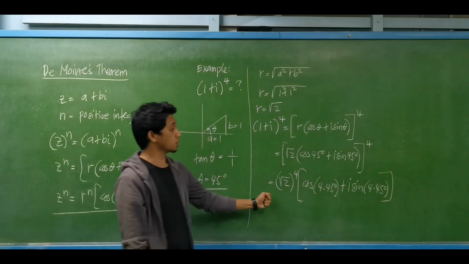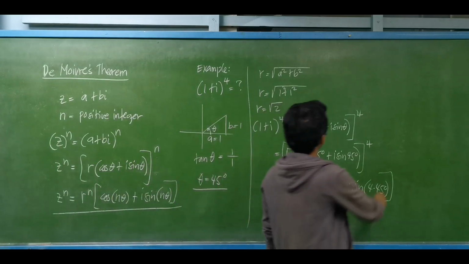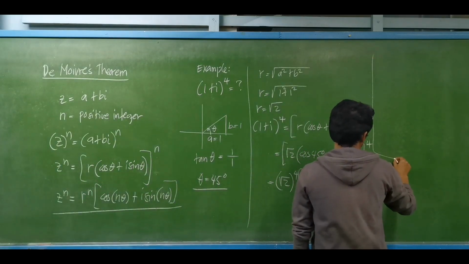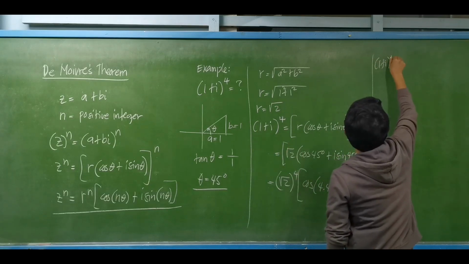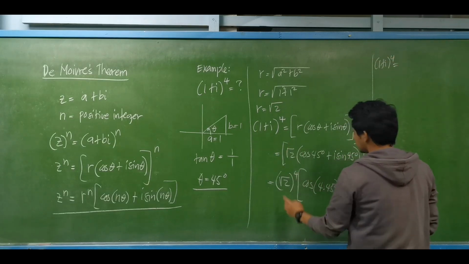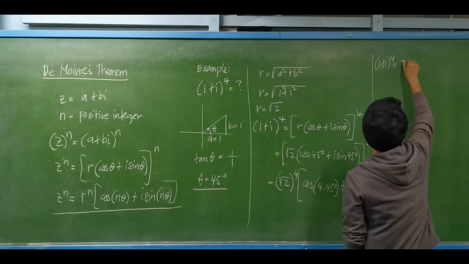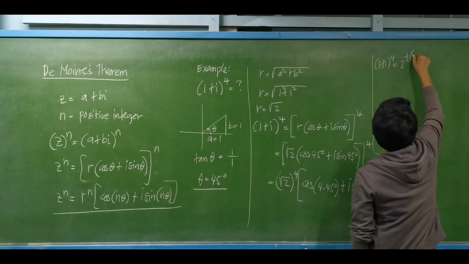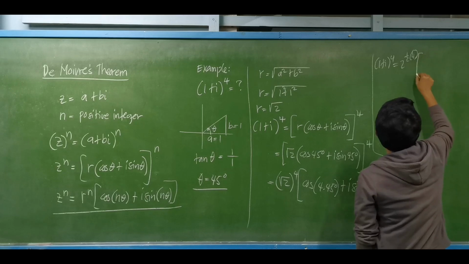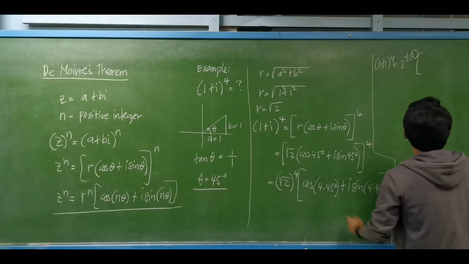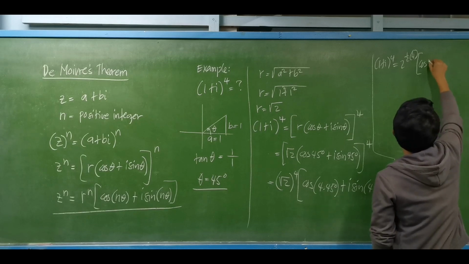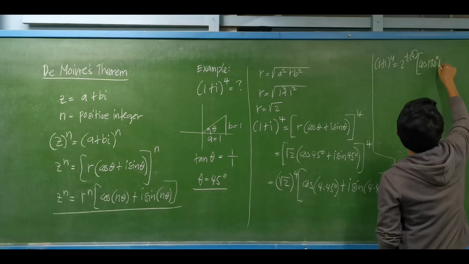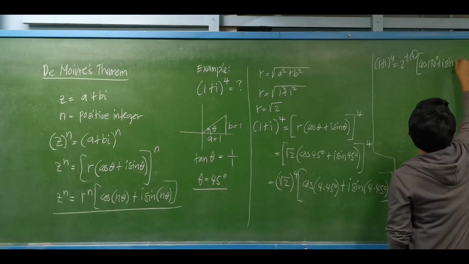And then we simplify. We now have 1 plus i raised to 4 equal to square root of 2 raised to 4, which is the same as 2 raised to 1 half, raised to 4, multiplied by cosine of 4 times 45 degrees, which is 180 degrees, plus i sine of 180 degrees.